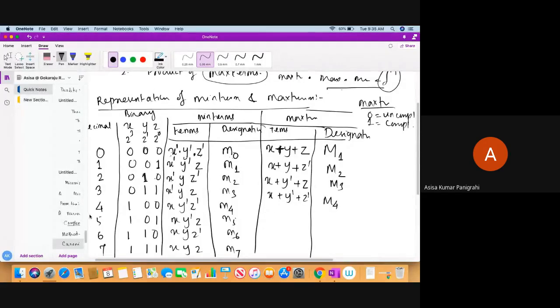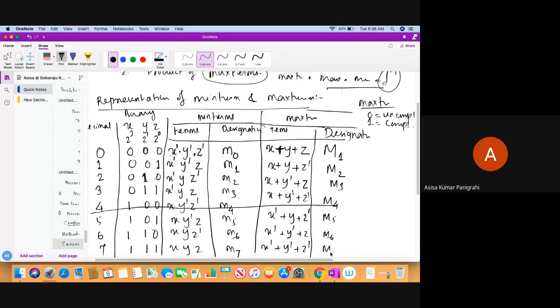Up to M4 we have done. Next, M5 is x bar, y, z bar. Next, x bar, y bar or z, M6.